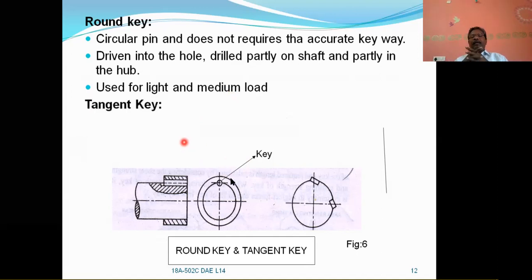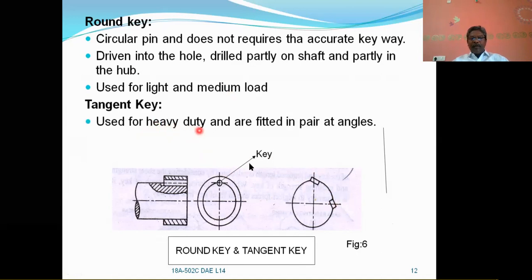And now the tangent key. This is the tangent key, and it is provided tangentially over the shaft surface and used for heavy duty. These are fitted in pairs at certain angles.